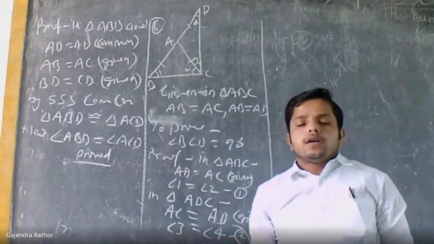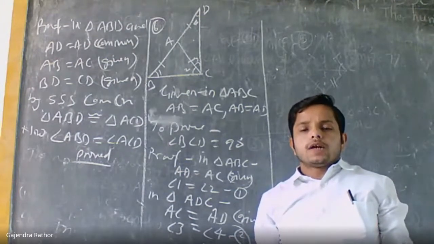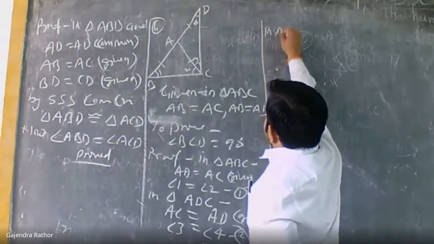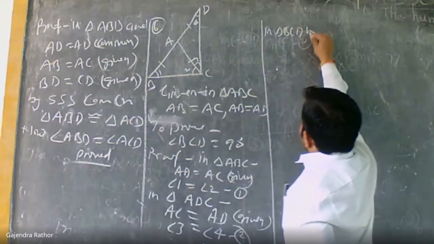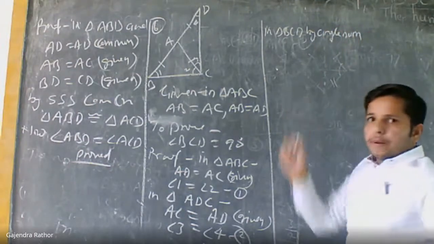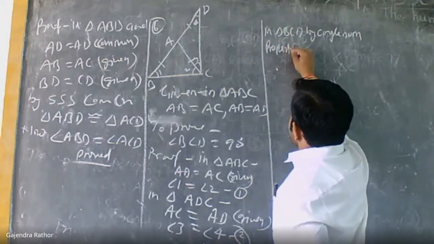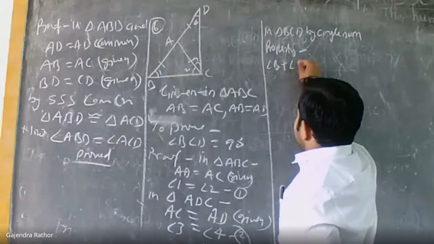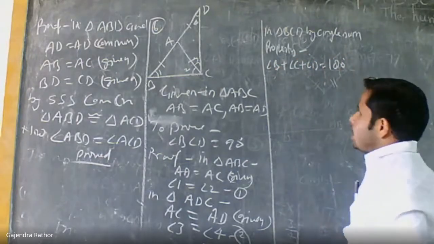Now we know that in the previous chapter we proved the theorem that the angle sum of a triangle is 180 degrees. So in triangle BCD, by angle sum property, angle B plus angle C plus angle D is equal to 180 degrees.